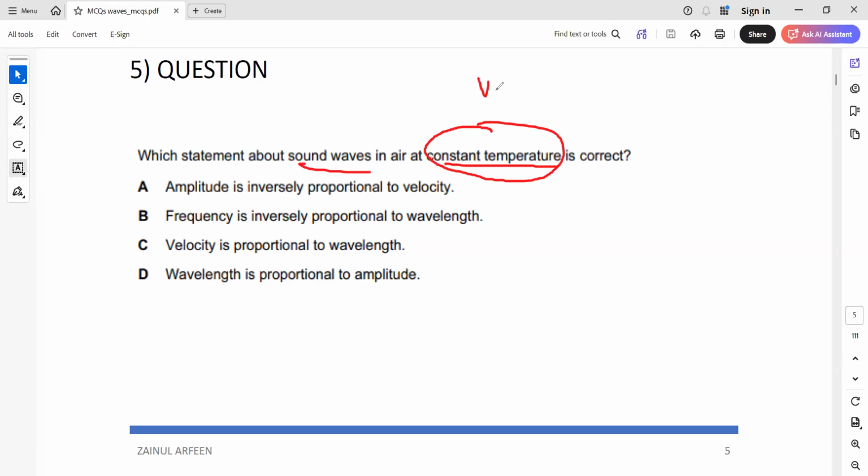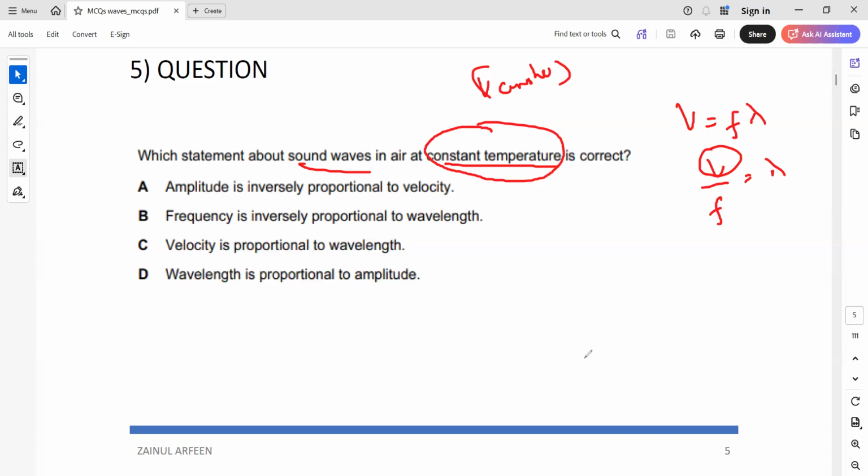So speed is constant. And if the speed is constant, what is the relation between frequency and wavelength? V equals F lambda. So V over F equals lambda. So frequency and wavelength are inversely proportional if the speed of a wave is constant. Amplitude is inversely proportional to velocity?